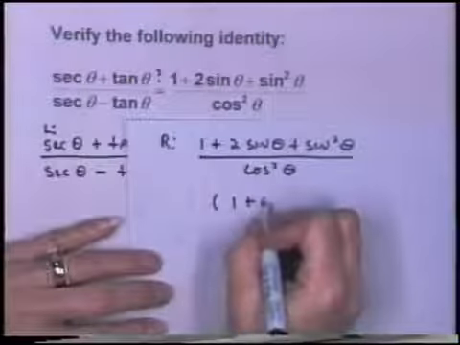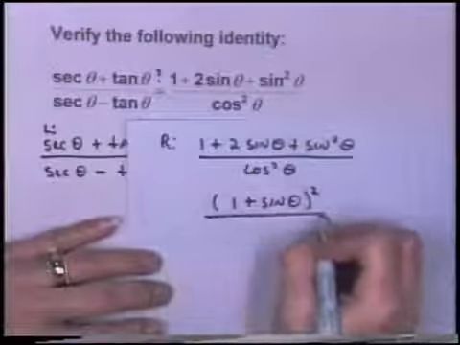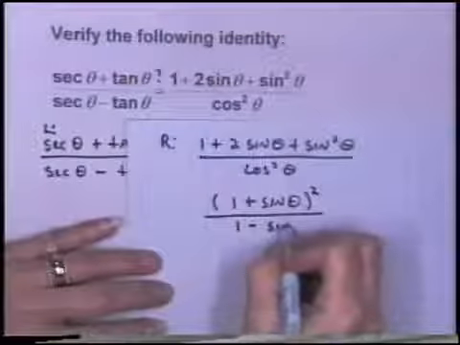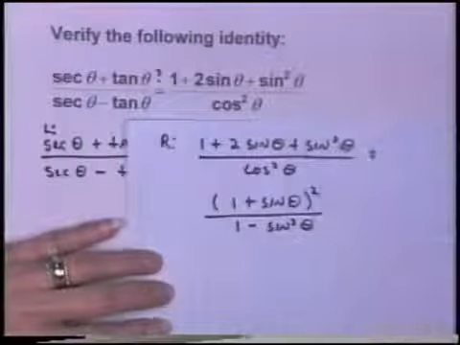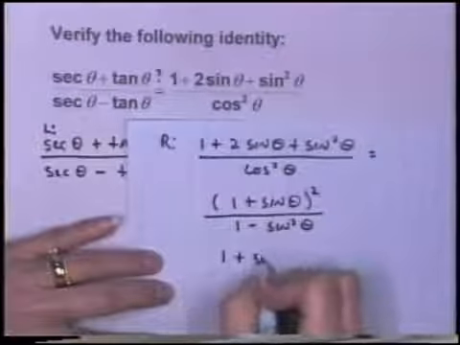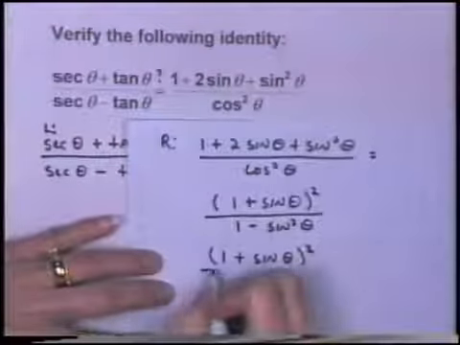Now I can factor this numerator. You need to recognize that's 1 plus sine theta quantity squared, and cosine squared is 1 minus sine squared. So I'm going to make that substitution. Factor the numerator and substitute in the denominator. Now in the denominator I have a difference of squares.